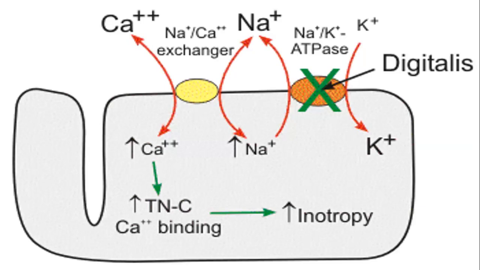Now, let us again revise about digitalis. What does digitalis do? In a heart failure patient, you give digitalis. So, what does this digitalis do? It blocks the sodium potassium ATPase pump. The sodium potassium ATPase pump is the primary active transport.